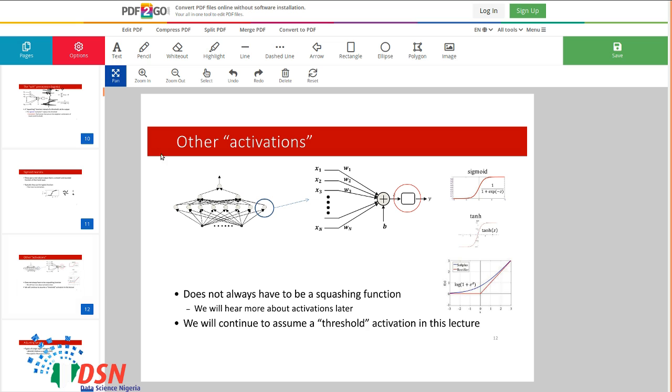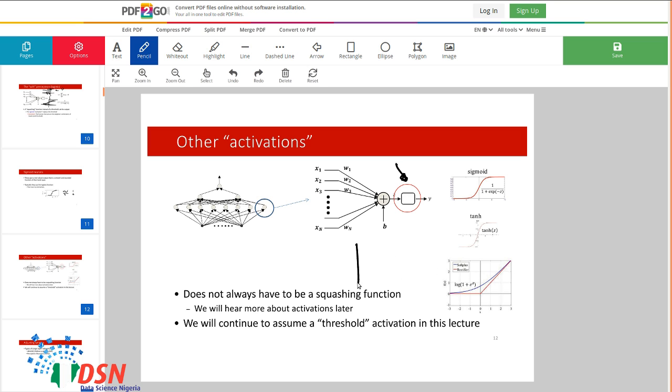We could actually apply other activations. We will see the activations in the next sessions, but we could apply other activation functions in here.